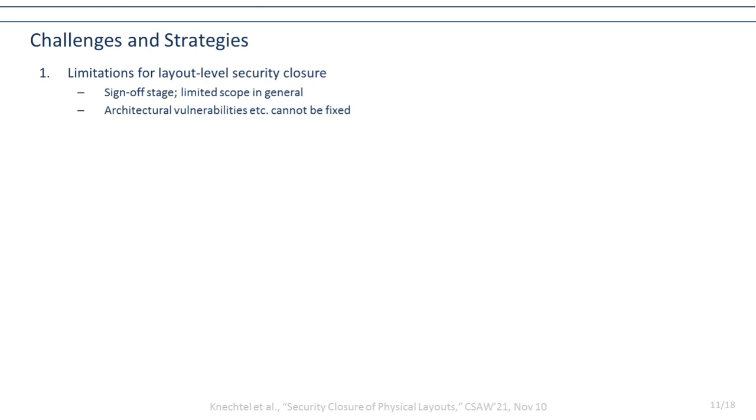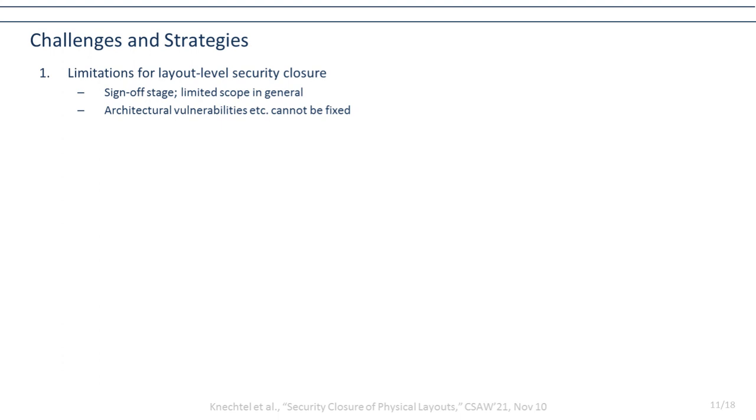So let us shift gears a little bit now, by looking into challenges and promising strategies. We have a few things to consider, which are interesting for those who want to also jump into this research direction and tackle new things. So first, security closure is limited in principle, since we are looking at the layout level and we are looking at this in terms of a sign-off stage.